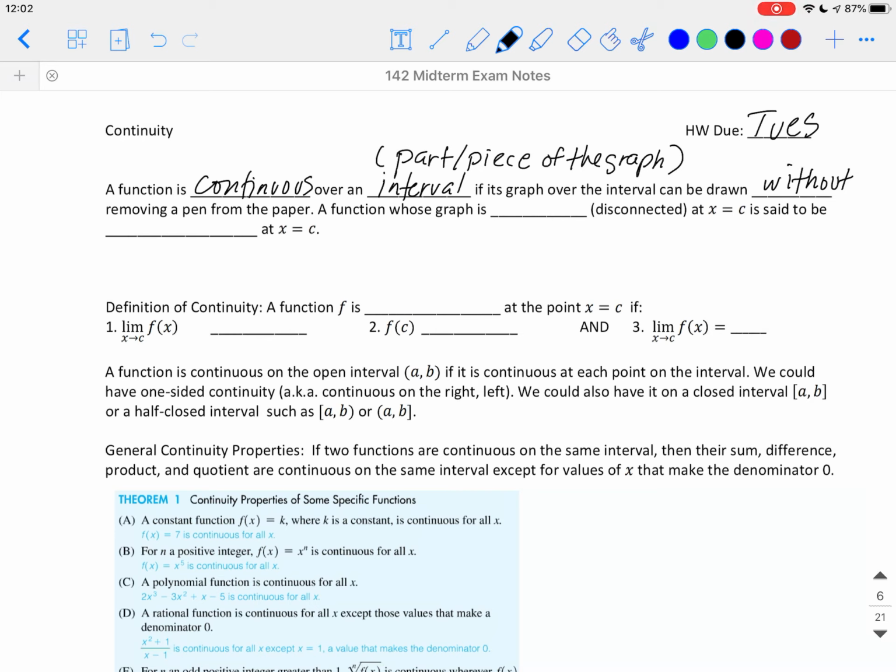A function whose graph is broken, disconnected at x equal to c, is said to be discontinuous.